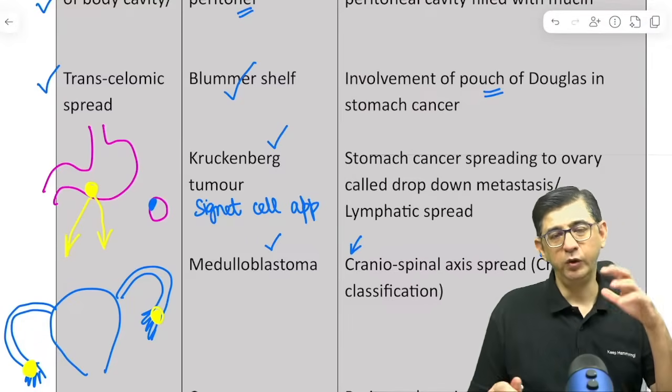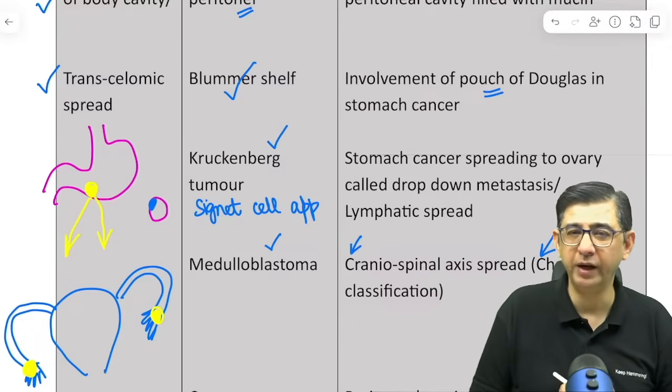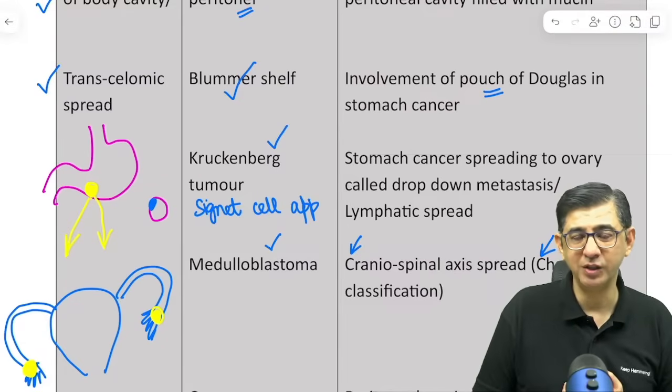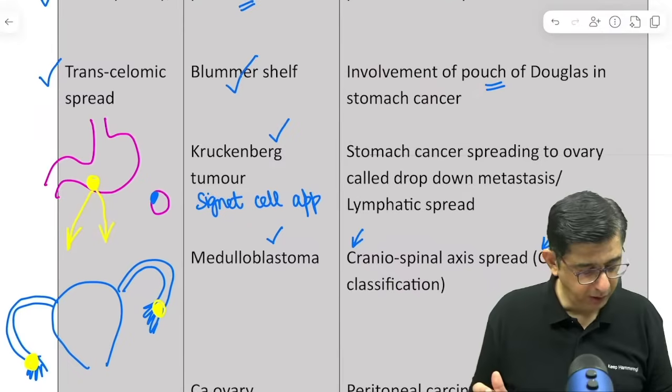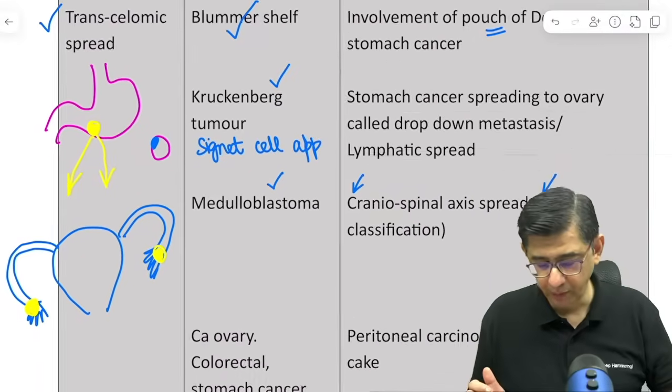Like the medulla is very close to the fourth ventricle of the brain, so craniospinal axis spread of the cancer would be occurring. So that's the term that we describe for the transcoelomic spread.